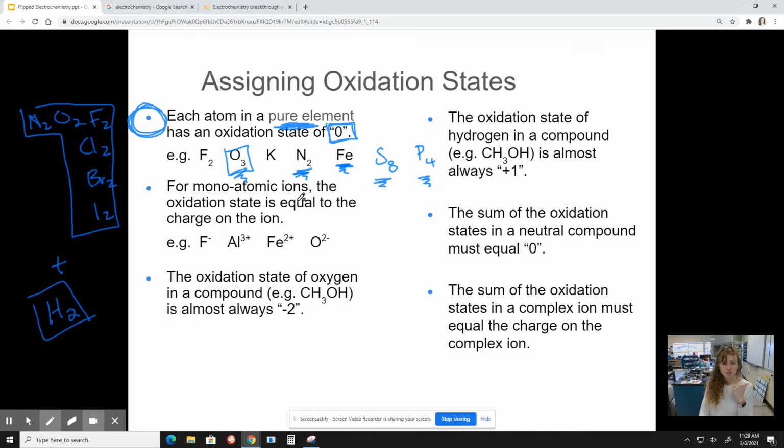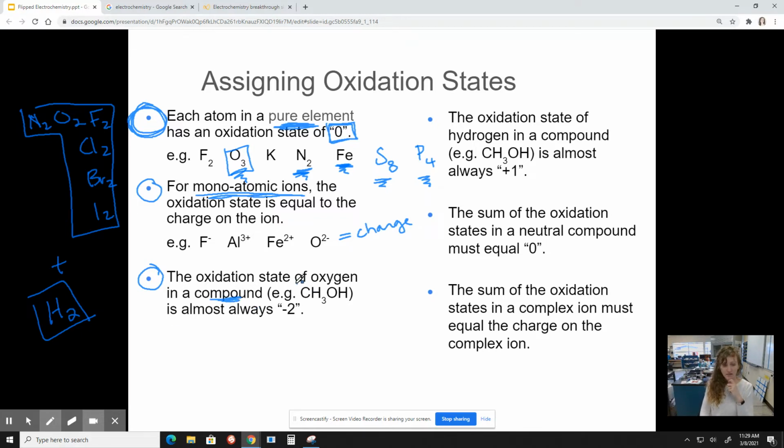Another oxidation state that reflects true charges are monatomic ions. So any monatomic ion, the oxidation state is just going to be equal to the charge. If it has a charge, we're going to use that charge as the oxidation state. And then a third oxidation state that reflects an actual charge is when the compound is charged.